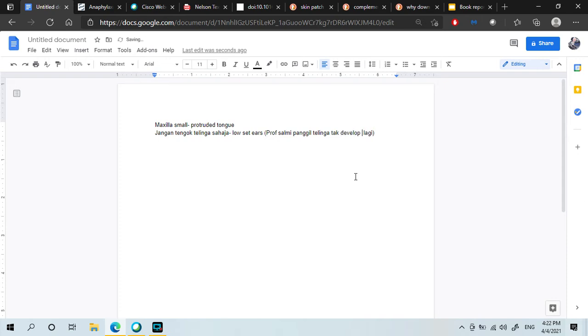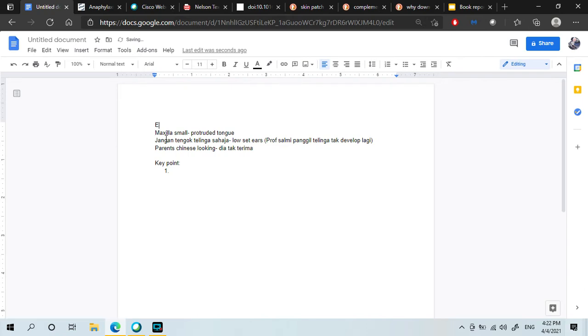So maknanya not just looking at dia punya hidung ataupun telinga. Isn't it? So the key points mungkin put it together everything. Because nanti parents yang Chinese looking tu dia akan marah tau. Because I pernah kena anak saudara pengarah hospital ke somewhere lah. So dia tak boleh terima, dia marah kita. So that's why maknanya bila kita nak explain tu dia mesti lengkap dia punya ni. So not just you looking at the flat nasal bridge.